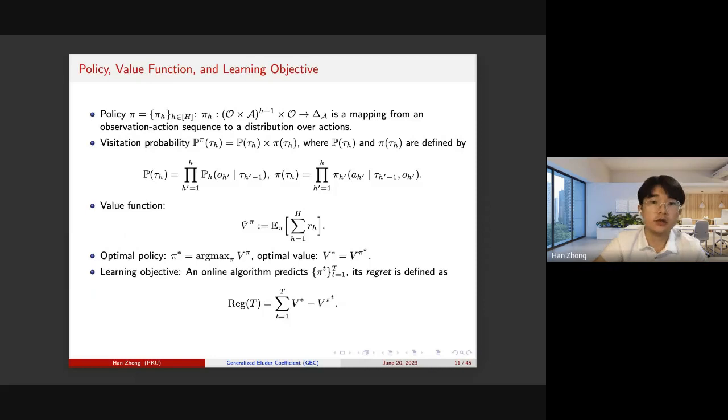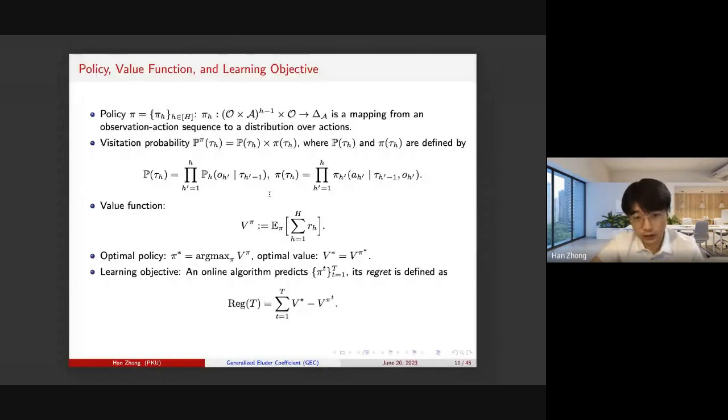Oh, thank you for the question. So we can define the value V^pi as the expected reward under policy pi. The optimal policy pi star is a policy that maximizes the value function V^pi, and the optimal value V star is the value function of the optimal policy pi star.